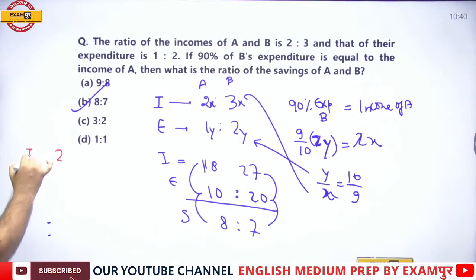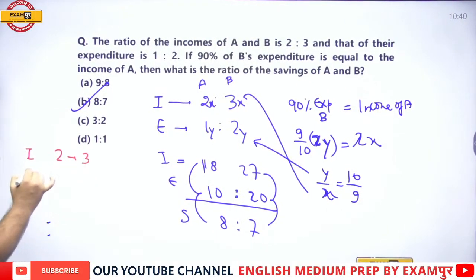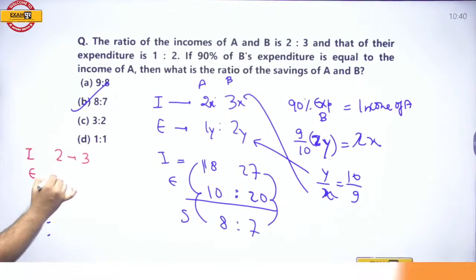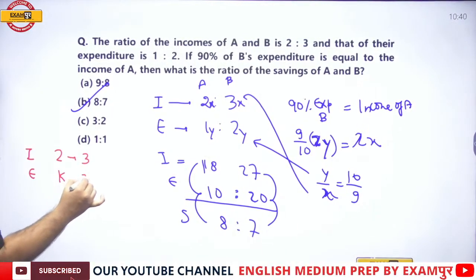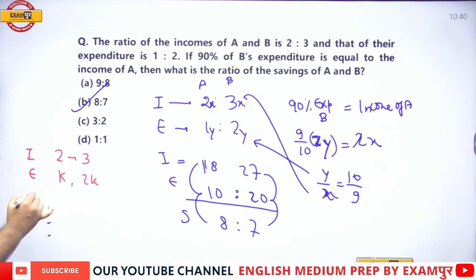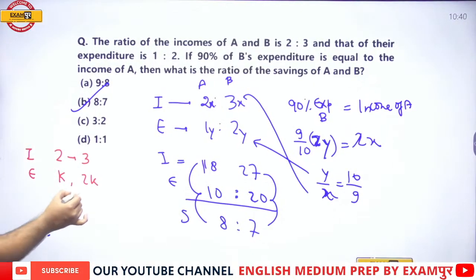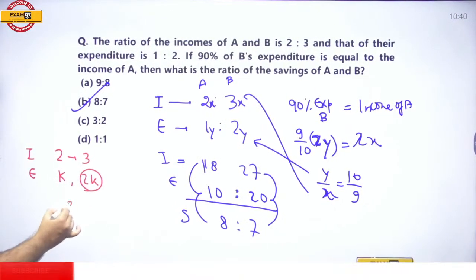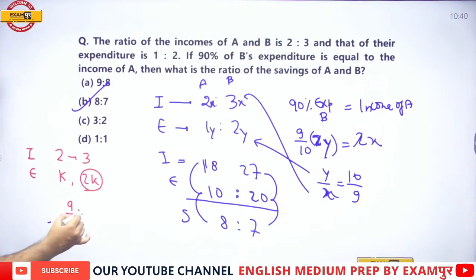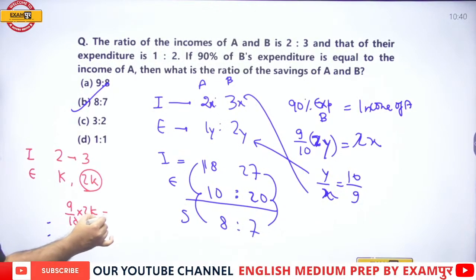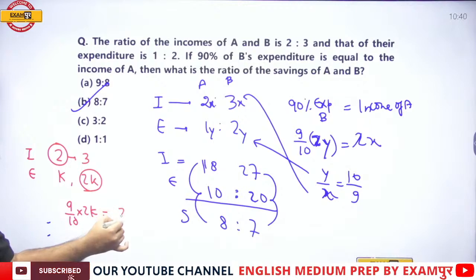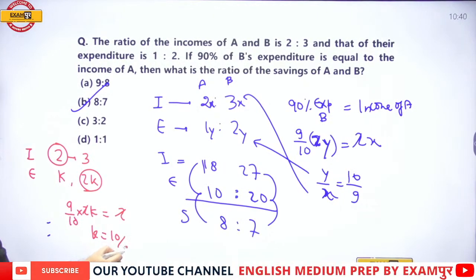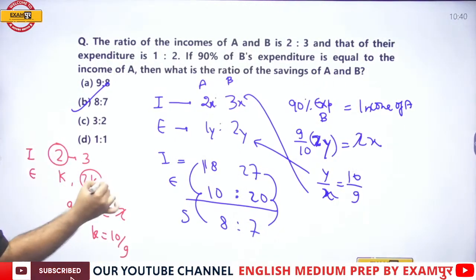Otherwise, income 2:3, expenditure K and 2K. So 90%, that is 9/10 of 2K, is equal to income of A, 2. So K comes out to be 10 by 9.